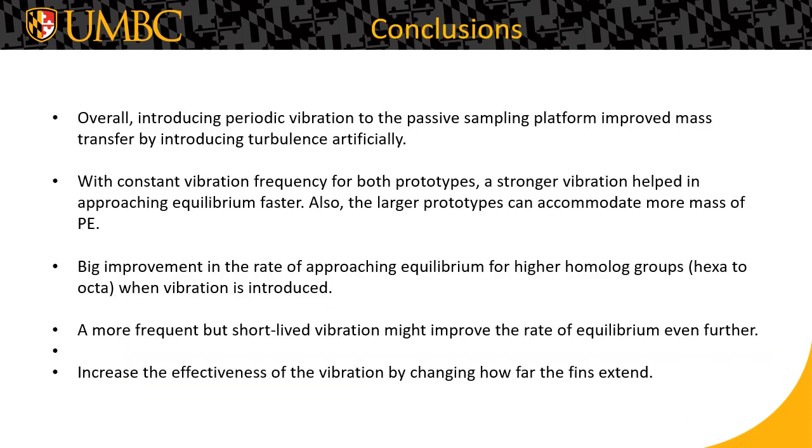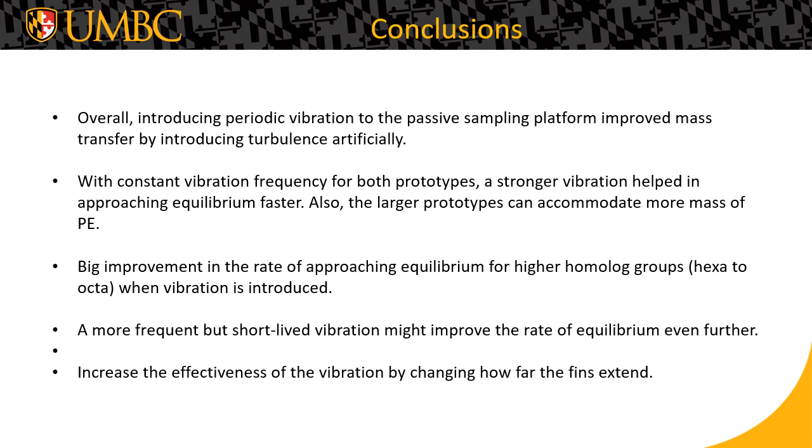So overall, introducing periodic vibration to the passive sampling platforms did improve mass transfer because the water boundary layer is disrupted by introducing turbulence artificially. When the vibration frequency is kept constant, we did see that a stronger vibration with a bigger motor did help in approaching equilibrium faster. Also, the larger prototypes could accommodate more polyethylene in them.